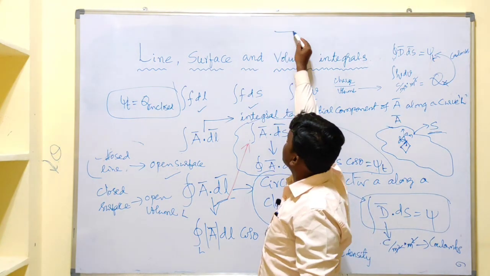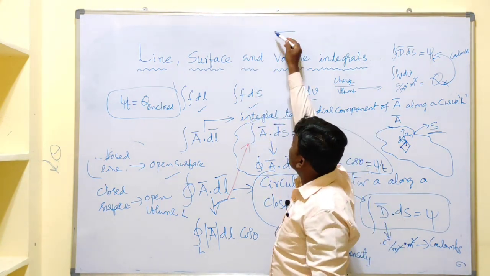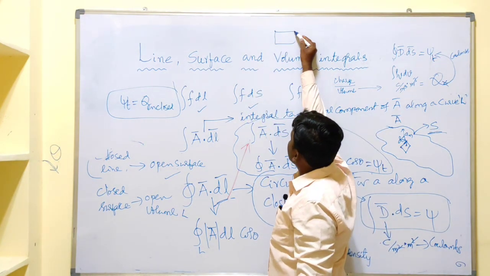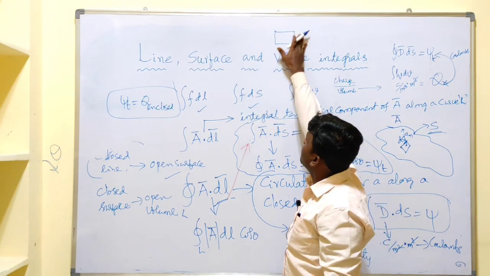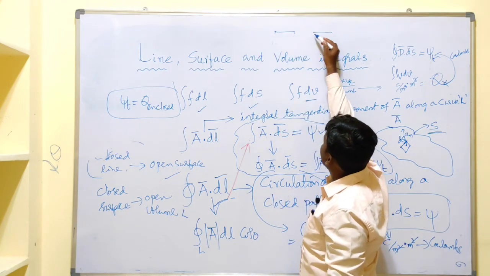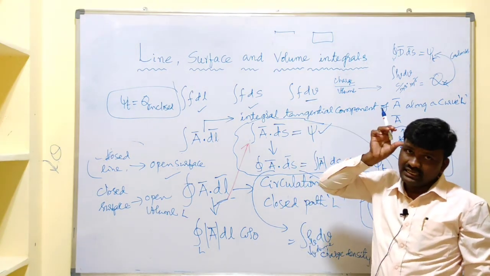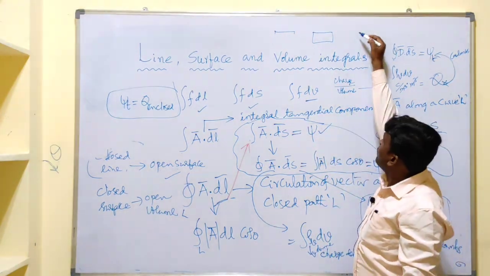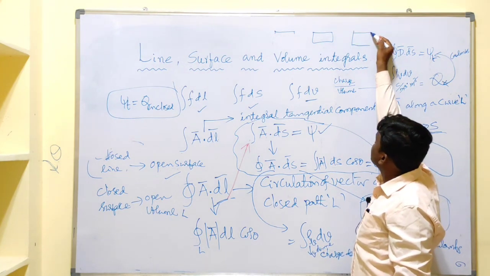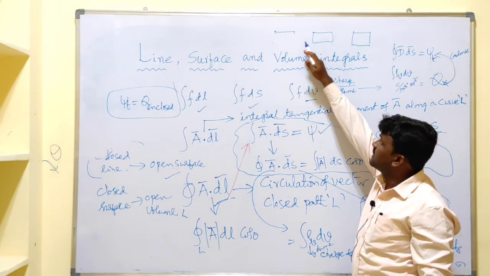Let us say it is a line, that is an open line. If it is closed, like this, here there is a possibility of a surface. If you have a surface like this, it is an open surface, let us say.